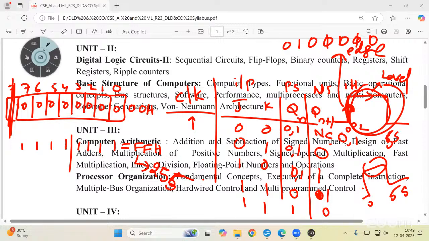Have you studied the different registers in CO?